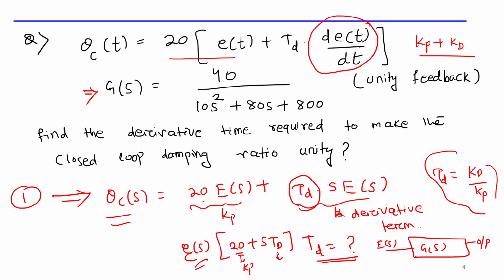That's why this Td is the derivative time constant, which can be derived from Kd by Kp. If you go through the lectures you can understand this relationship better. If you understand it, let me move to the next question.